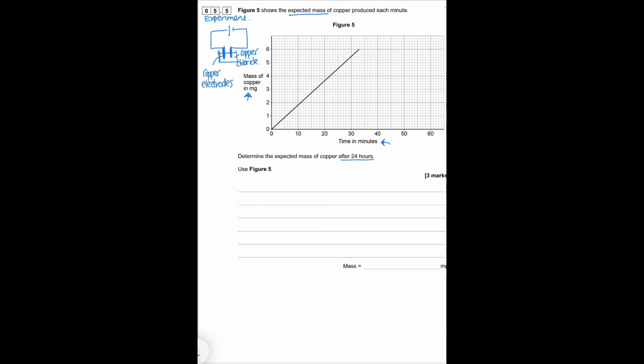So what we can do is we can work out how much mass is produced in 30 minutes, and that is 5.4 milligrams in 30 minutes. So if we got 5.4 milligrams of copper produced in 30 minutes, to get to 24 hours, okay, so 30 minutes is half an hour.